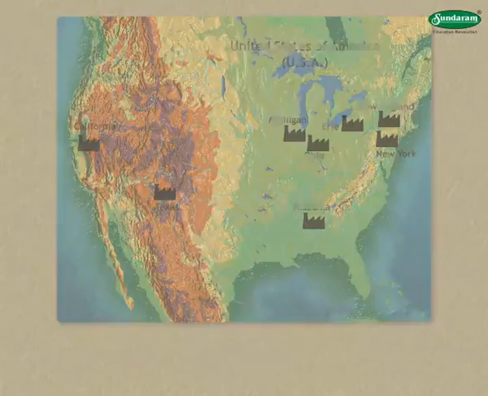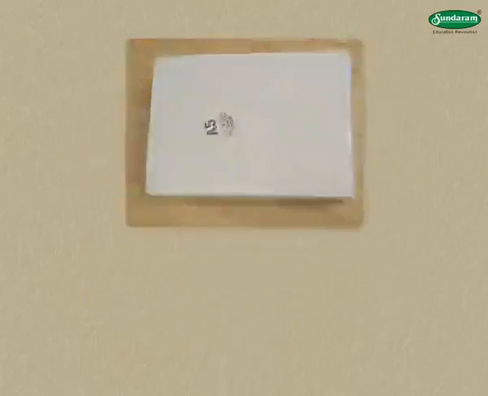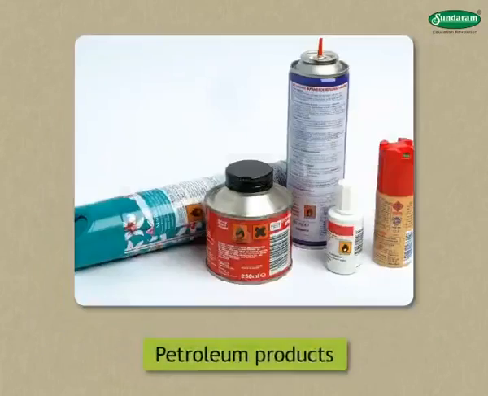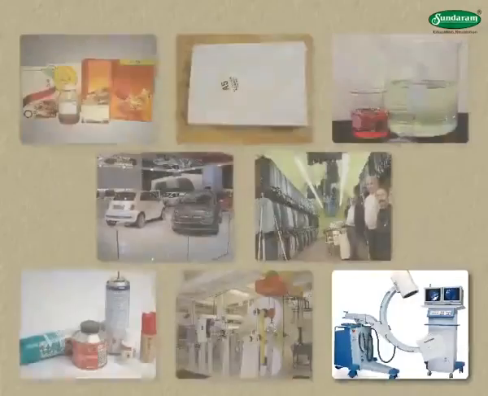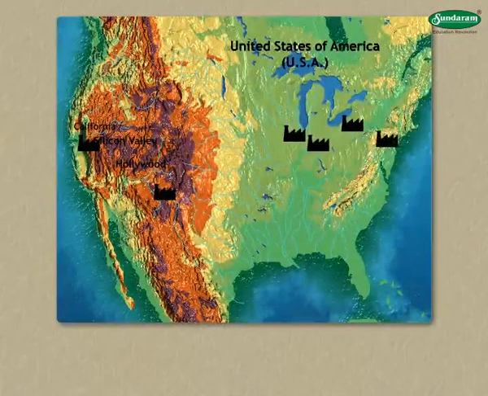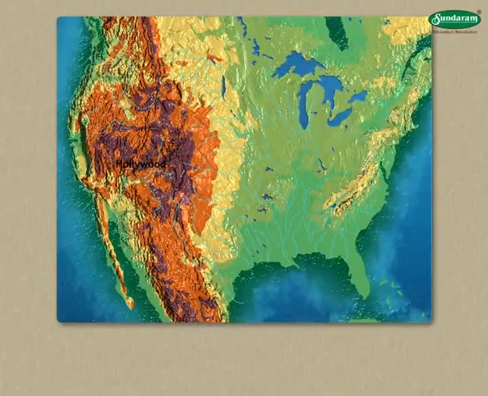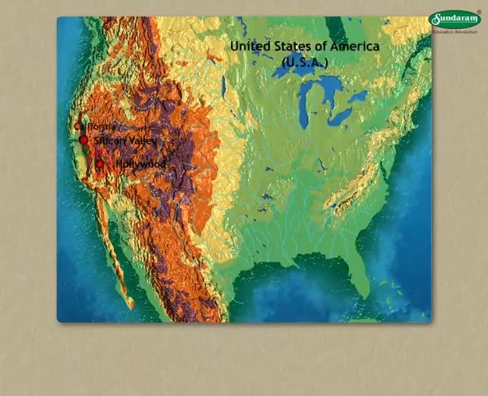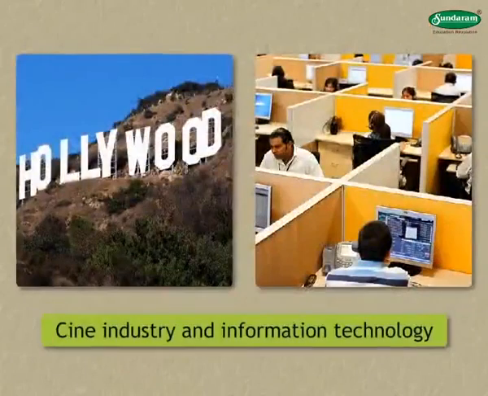There are factories producing food items, paper, chemicals, automobiles, ready-made garments, petroleum products, electrical machinery, scientific and medical equipments, etc. California, Texas, Ohio, Michigan, New York, Erie, New England, Alabama are the major manufacturing regions. Besides these, Hollywood and Silicon Valley in California are known for cine industry and information technology respectively.